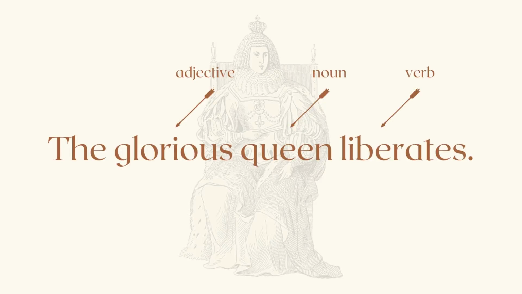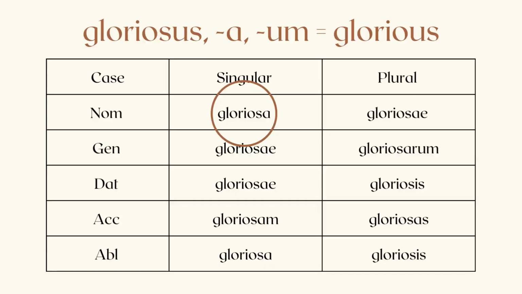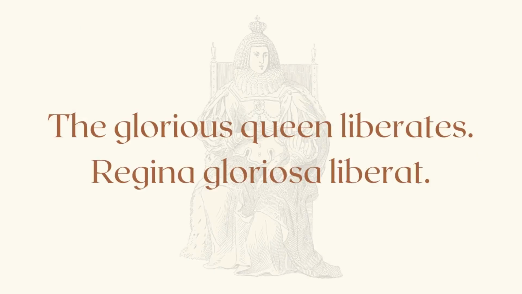That means glorious has to agree with queen in the Latin. So glorious needs to be the feminine singular nominative form, which is gloriosa. And that gives us our entire Latin sentence, Regina gloriosa liberat. The glorious Queen liberates.